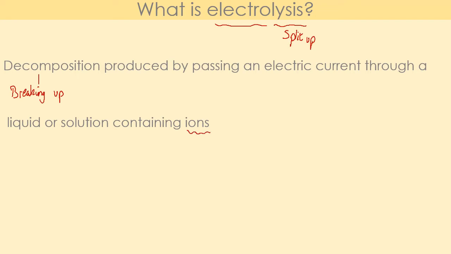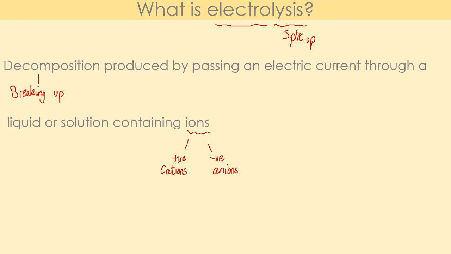Containing ions is very, very important. These contain ions. We've got positive ions and we've got negative ions. You might remember from learning that our positive ions are our cations and our negative ions are our anions. That's stuff that you should have learnt before and remember.